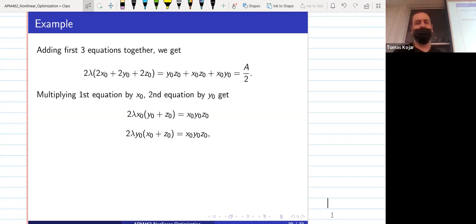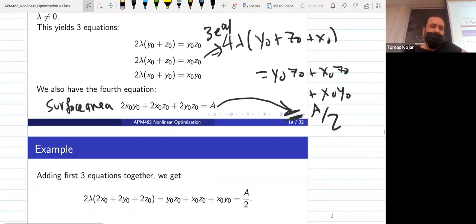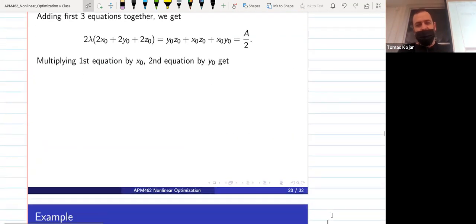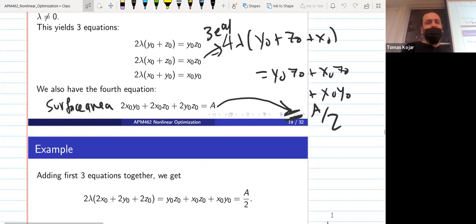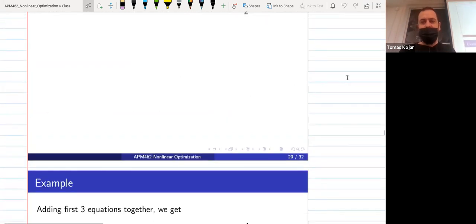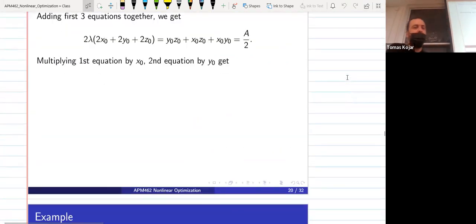I need to give you each of the x naught, y naught, z naught. Next time I'll do this with linear algebra because this is a 3x4 system. I can put it in a matrix. This is overkill. I don't know why I did this one. Anyways, if you can use linear algebra, do it. This is disgusting.